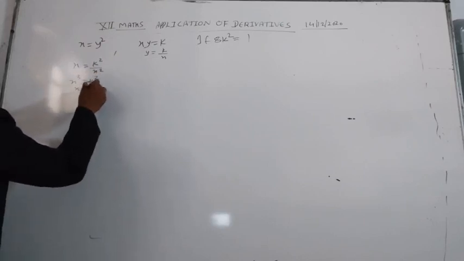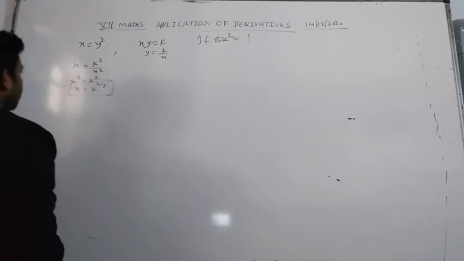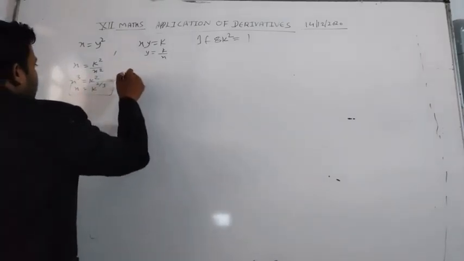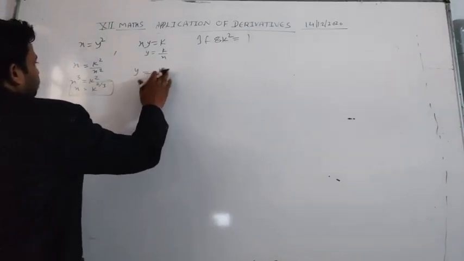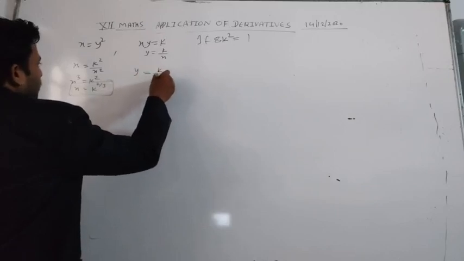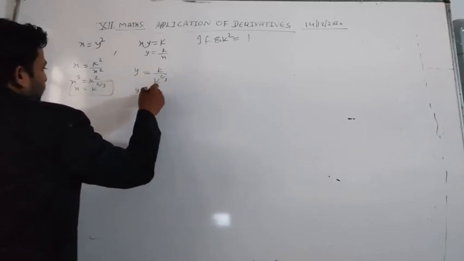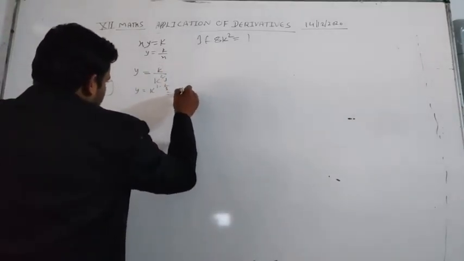So x is k to the power 2 by 3. Okay. So y is what? y will be k by k to the power 2 by 3, k to the power 1 minus 2 by 3, k to the power 1 by 3.